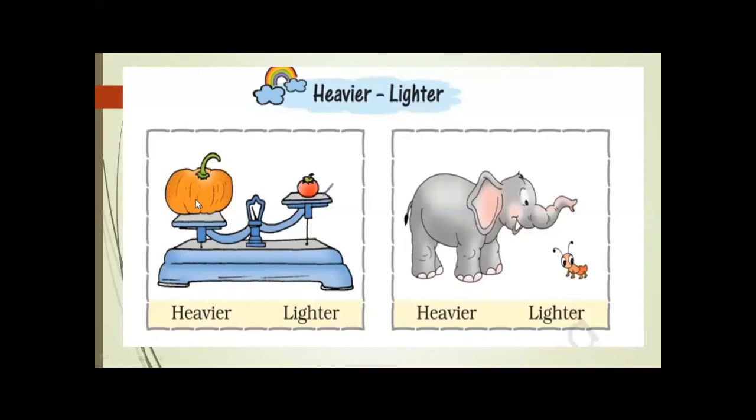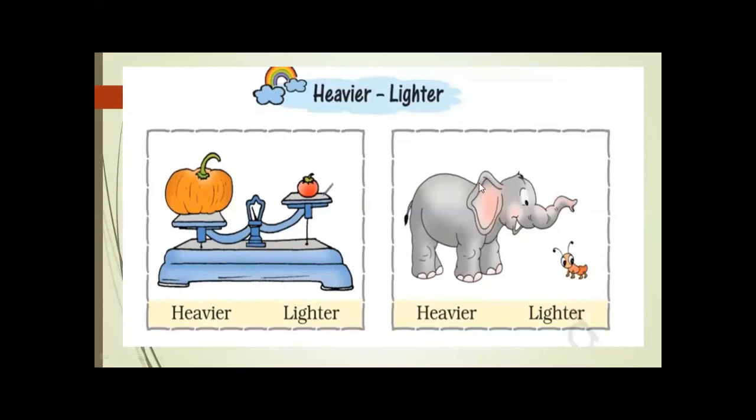So always remember, when we compare two things, we use the terms heavier and lighter. For the light thing, we use lighter, and for the heavy thing, we use heavier. Here we see two animals. The first one is an elephant, the second one is an ant. You know which one is heavier.